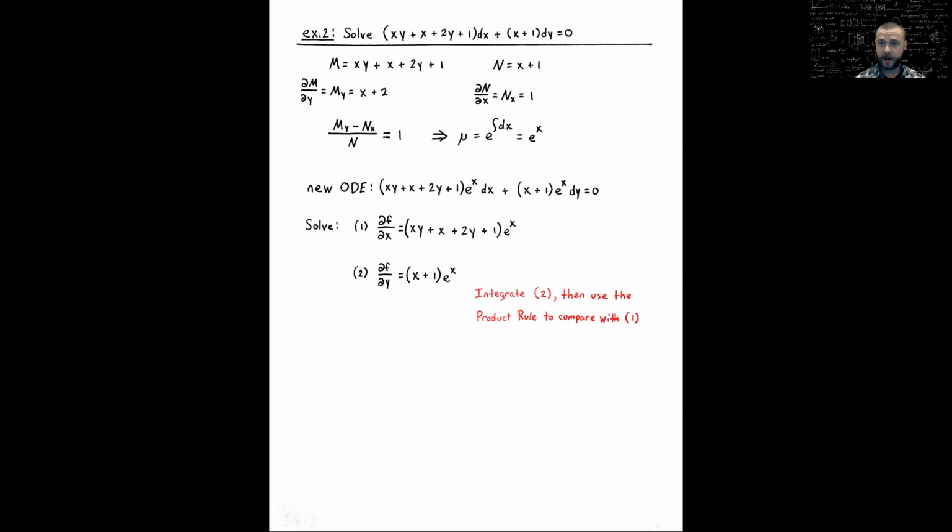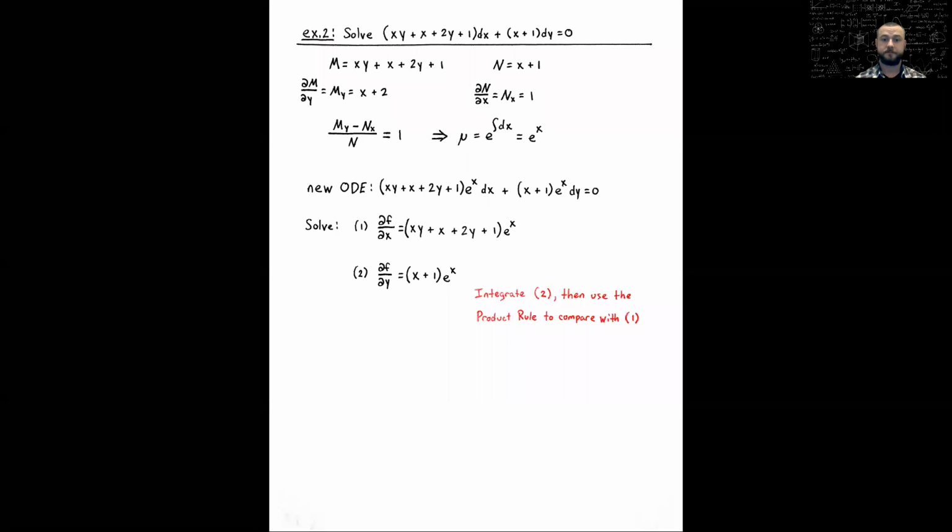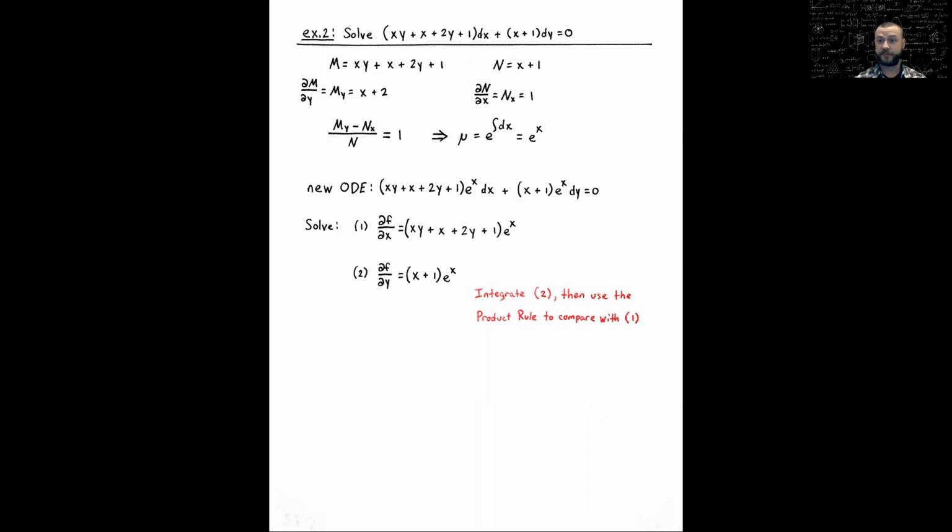All right, this is also complicated to solve these two equations because you would compare with the first equation, you'd have to use the product rule. Since you'd be differentiating with respect to x, and x plus 1 times e to the x, you'd have to differentiate that using the product rule.